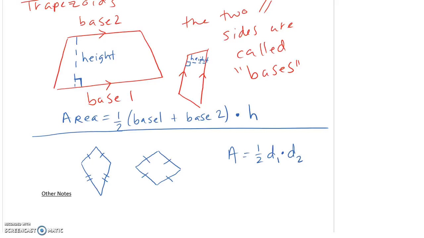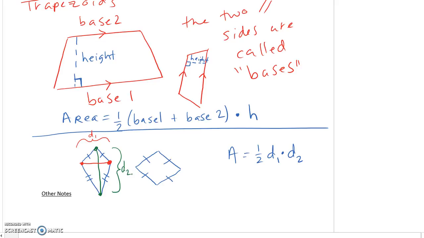Well, the d stands for diagonal. So that would be d1 all the way across. I should probably put that in the same color so it's more obvious, sorry. D1 is this distance all the way across. And then you could also put a line that crosses through the other way, and that would be diagonal 2.